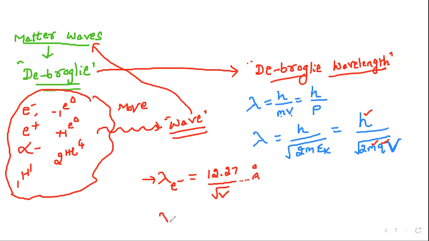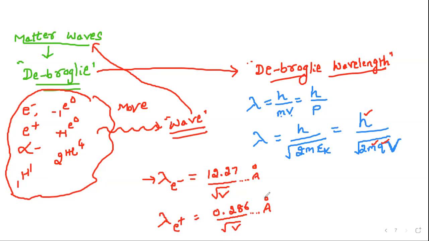Suppose they have given the proton. For proton you will get 0.286 divided by root V, and this also will be in angstrom. So what is the de Broglie wavelength for proton?